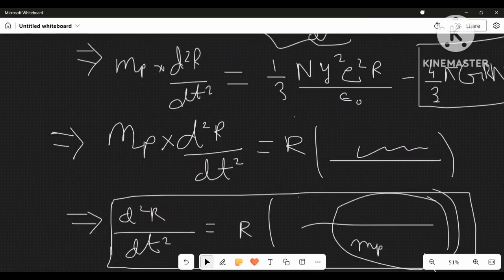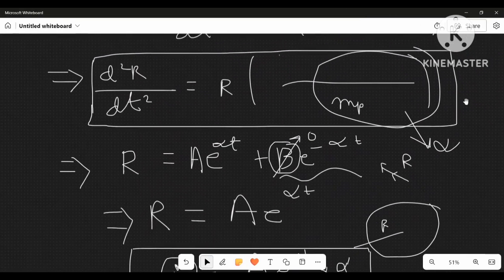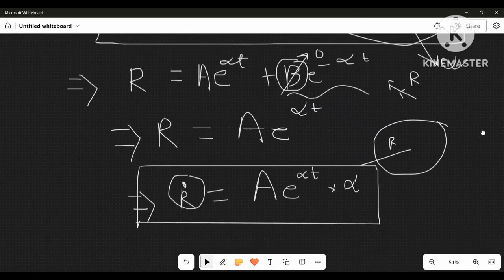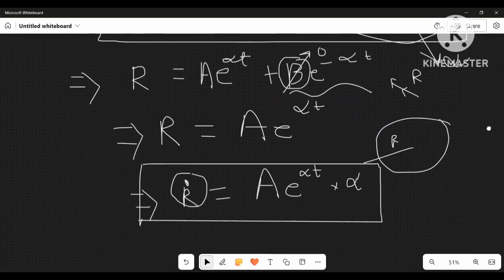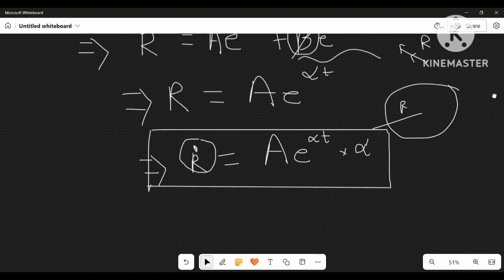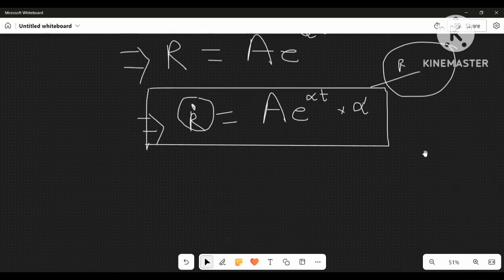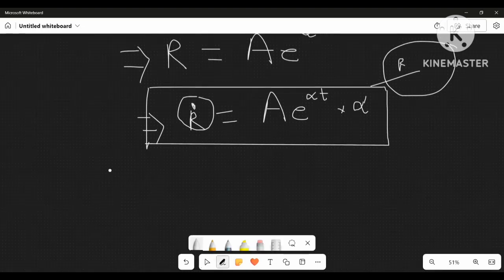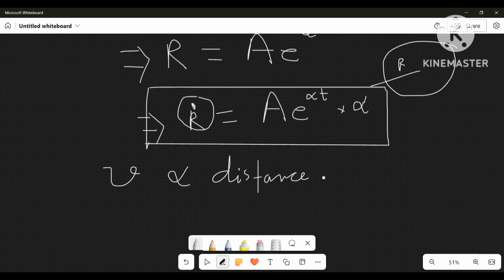That is what we just got: that the velocity, which is r dot, is proportional to the distance from the center.